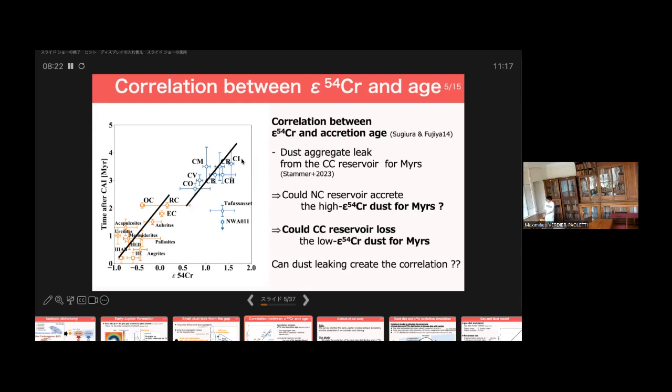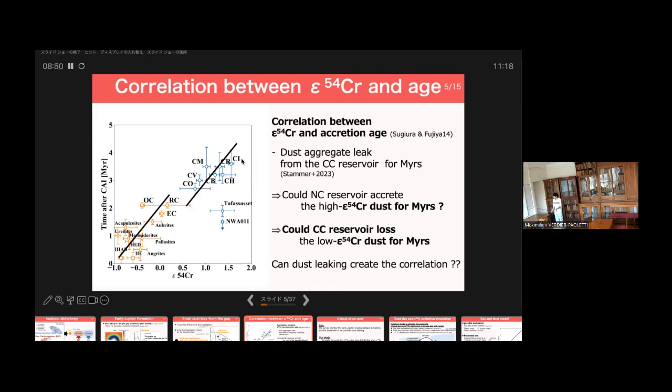So the loss increases epsilon 54 chromium in the CC reservoir, because relatively high epsilon 54 dust remains in the reservoir.